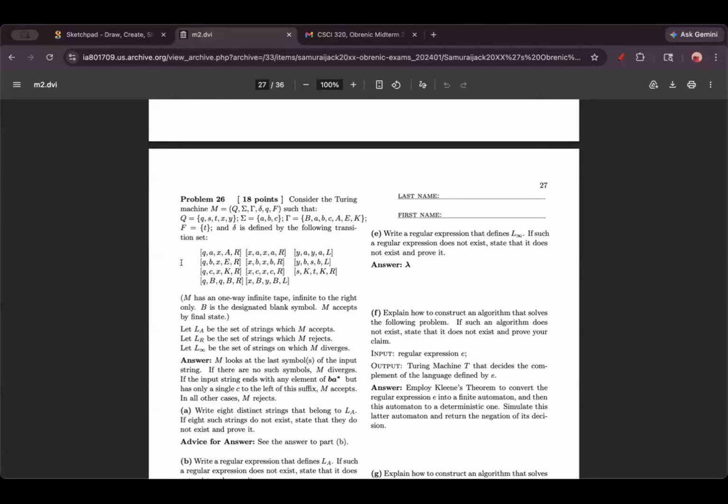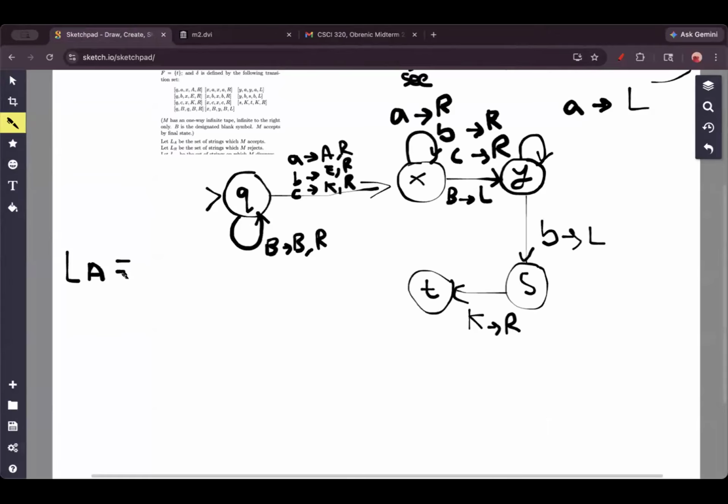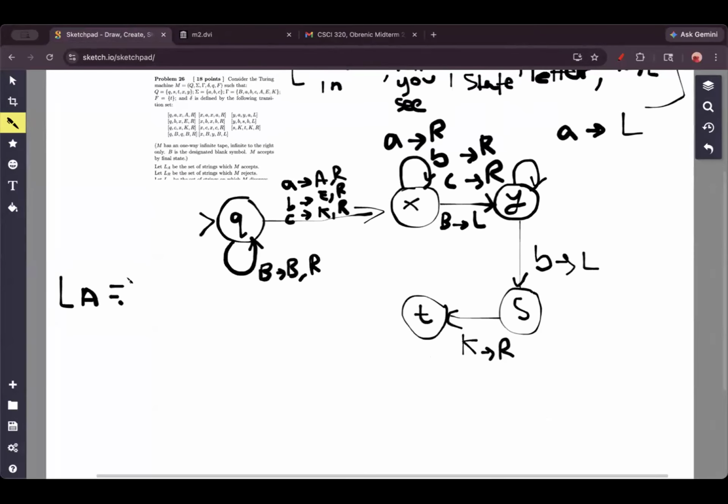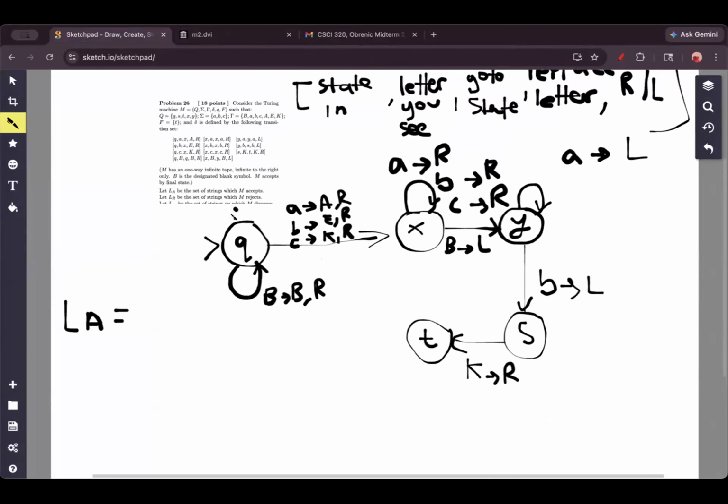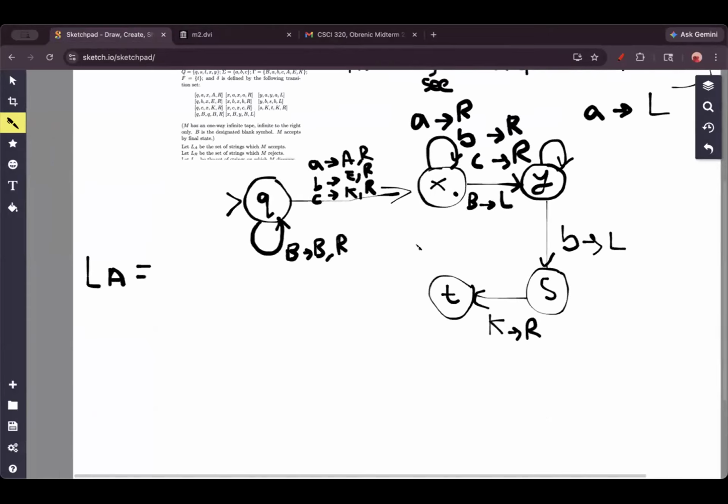To do part A, just make a regular expression, and any string generated from it will get to T and be accepted by this Turing machine. First, we do not want to diverge. We do not want to see a blank in Q. So we need to get from Q to X. We could do this via A, B, or C.